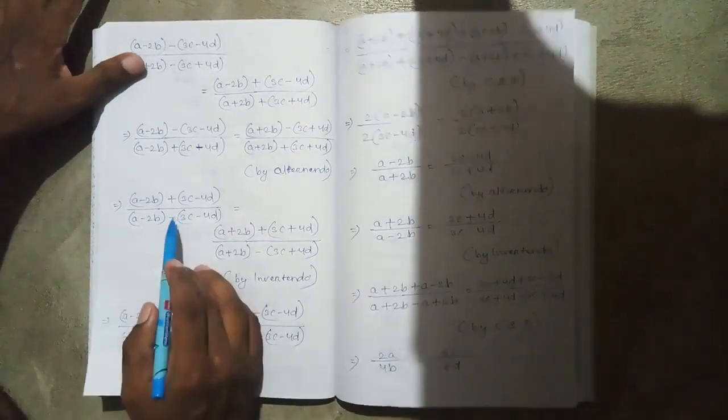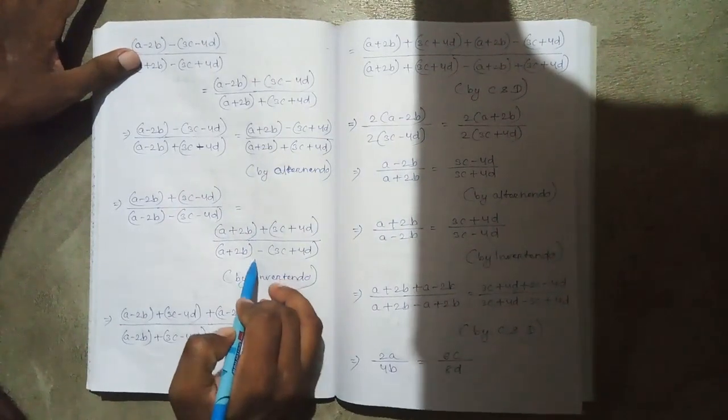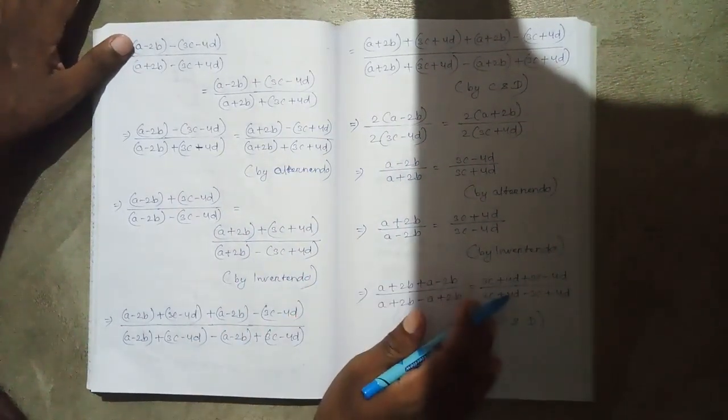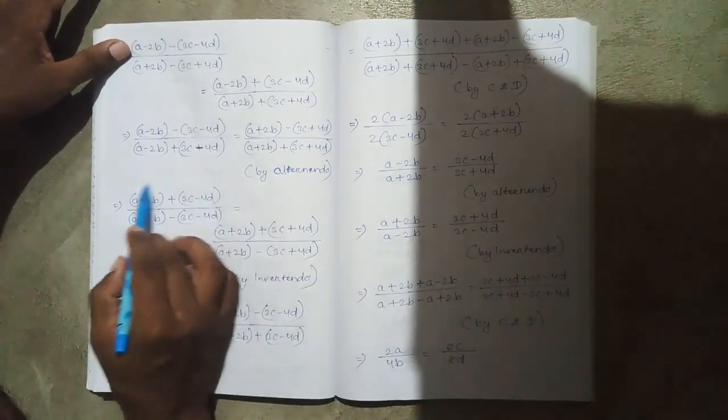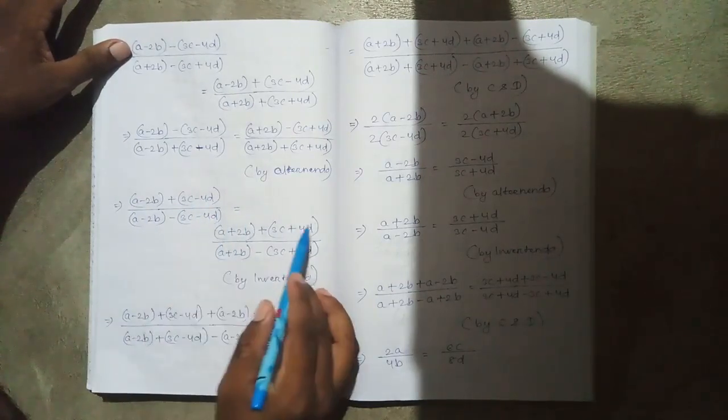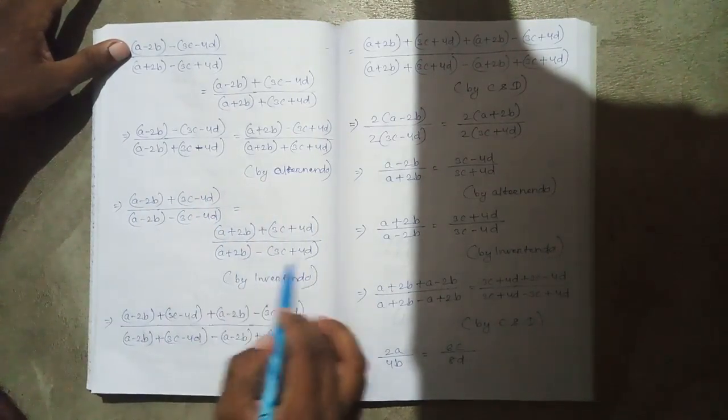Now see it is in the form of a by b equals c by d. Let us use componendo or dividendo. Okay. So this is a, this is b, this is c, this is d.